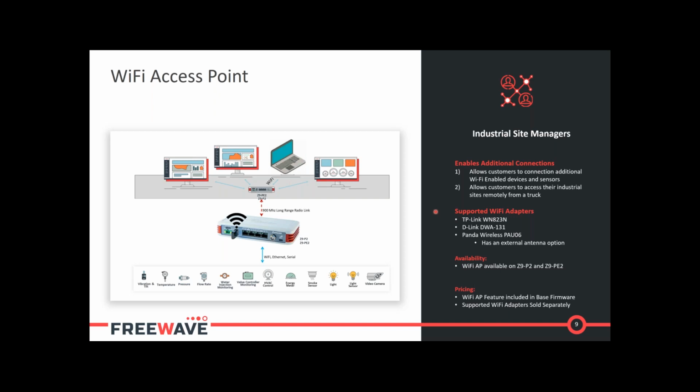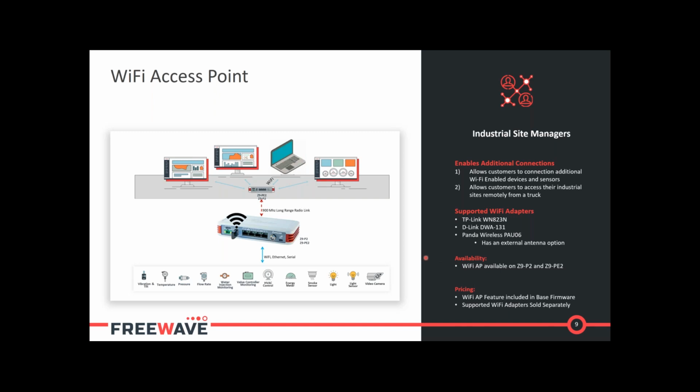We have 3 supported adapters. 2 are the standard USB dongle type, and 1 has an external antenna option. So if you're installing your device inside a case but need to have an external antenna, we've got options for both types of install situations.